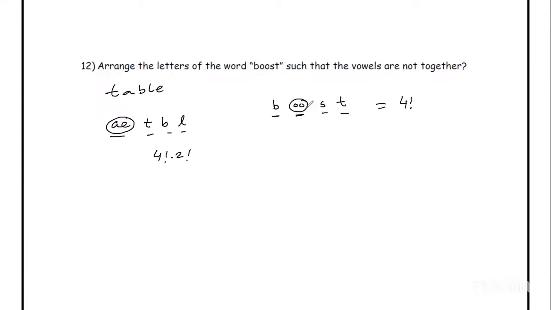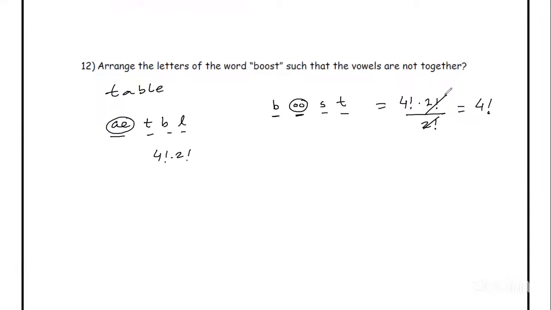But out here, if you interchange the O's and put 2 factorial, then remember you'll also have to divide by 2 factorial because the word boost itself has a repetition of letters. So what you end up getting is just 4 factorial ways to arrange the letters of the word boost, because the two O's when interchanged just repeat the same word boost.